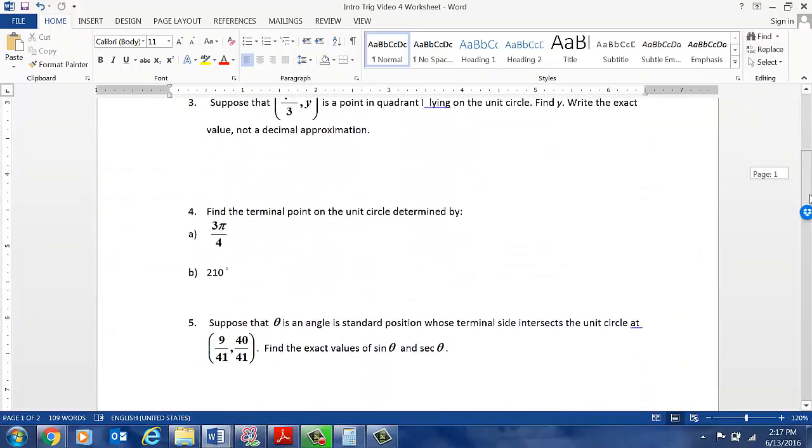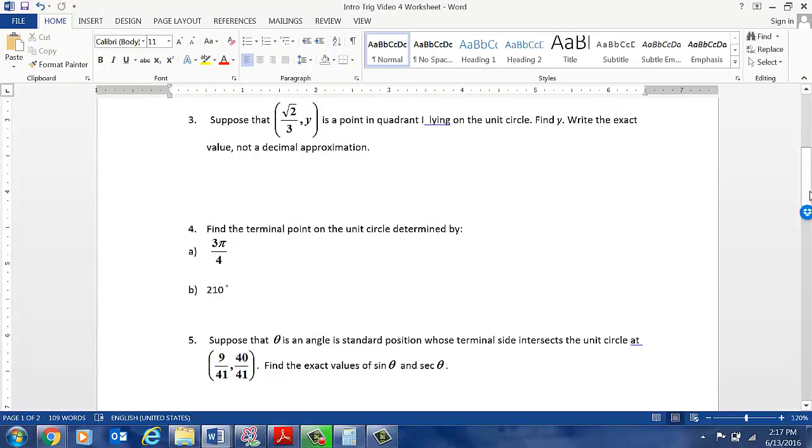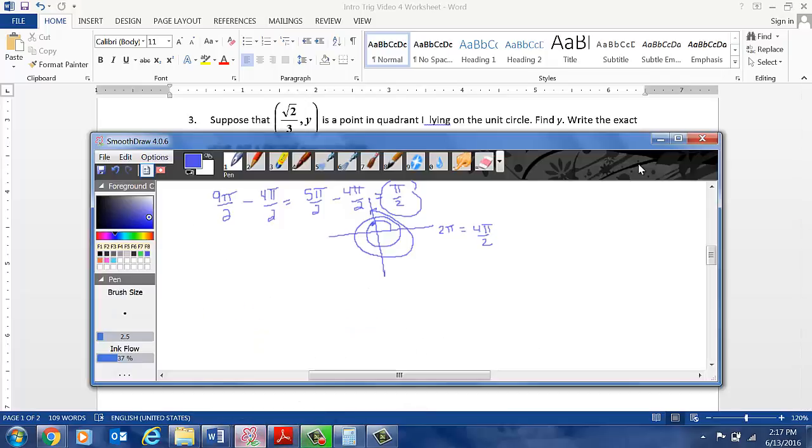All right, number 3, suppose that the point square root of 2 over 3 comma y is a point in quadrant 1 lying on the unit circle. Find y. Okay, so what we're being asked to do here, again, thinking about the unit circle.